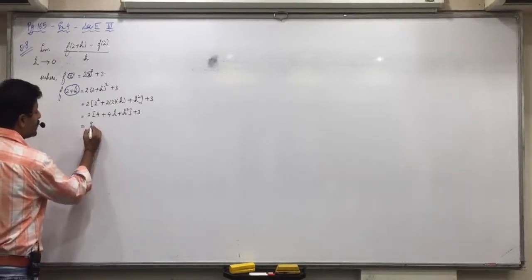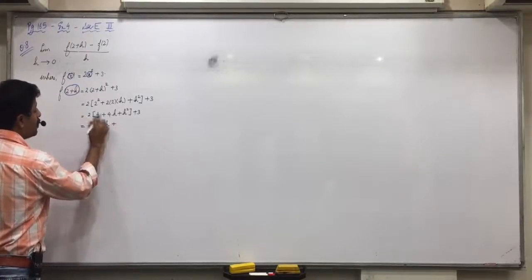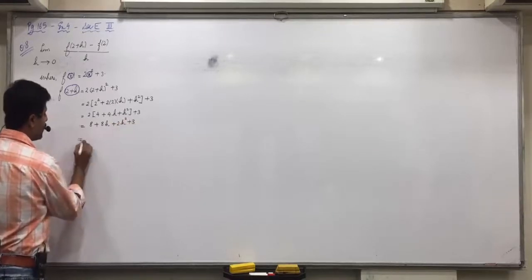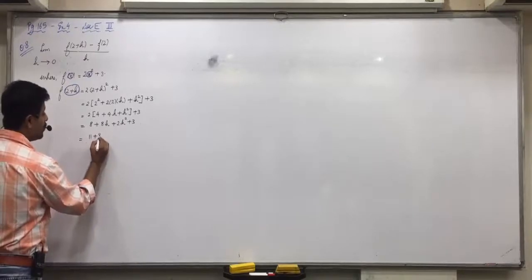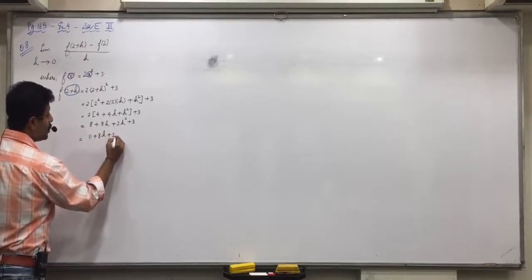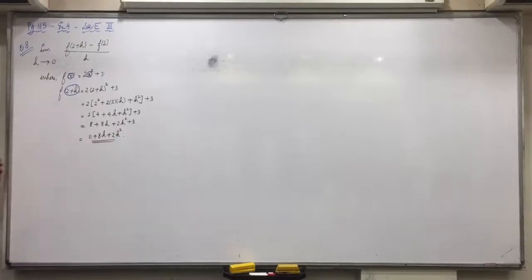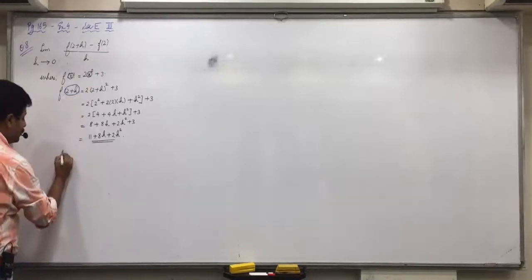Now 2 into 4 is 8, plus 2 into 4h is 8h, plus 2 into h square, plus 3. 8 plus 3 is 11, plus 8h plus 2h square. Did everyone understand this? Any confusions?